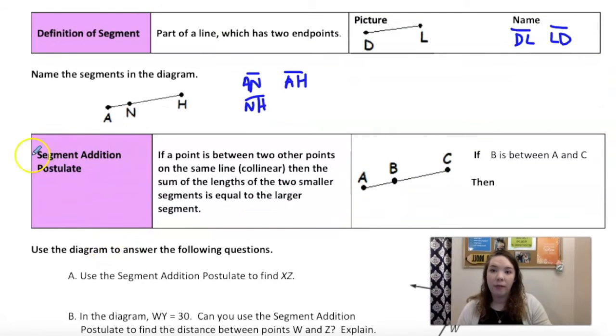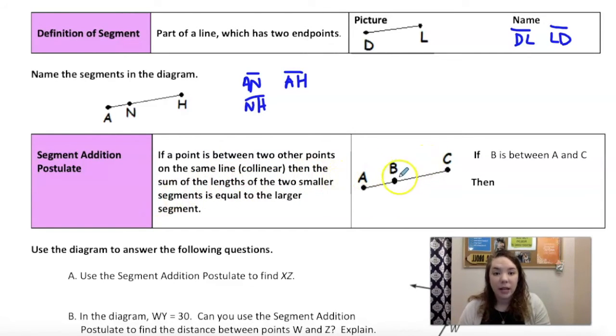So we're going to have a lot of these definitions throughout geometry that are just defining something that seems like common sense, but we have to define them because someone had to discover that they worked. A segment addition postulate is if a point is between two other points on the same line, meaning they're collinear, then the sum of the lengths of the two smaller segments is equal to the larger segment.